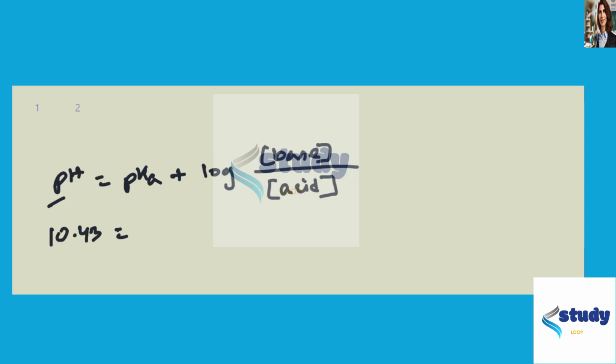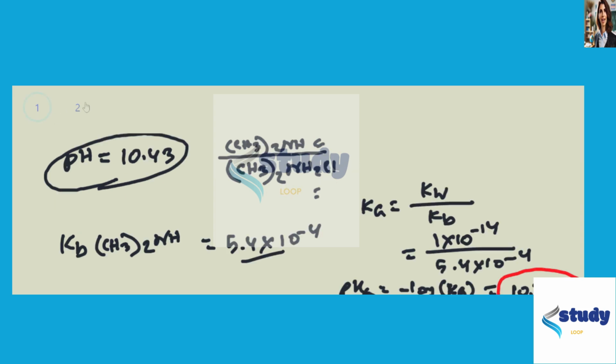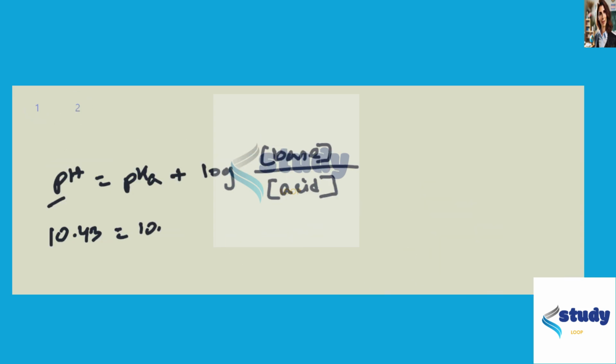And we know the pKa value, we have just calculated this as 10.73. And here we have the base concentration over acid concentration.